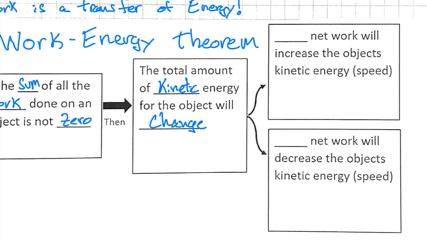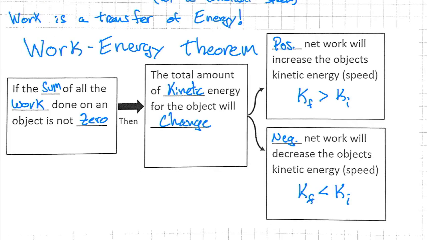If you have a positive amount of work, the object will increase its kinetic energy or speed, and we'd get kinetic energy final will be greater than kinetic energy initial. And if you have negative net work, the object speed will decrease and our final energy will be less than our initial energy.